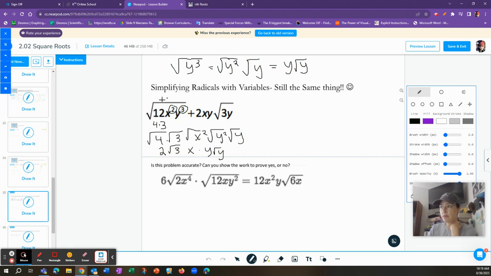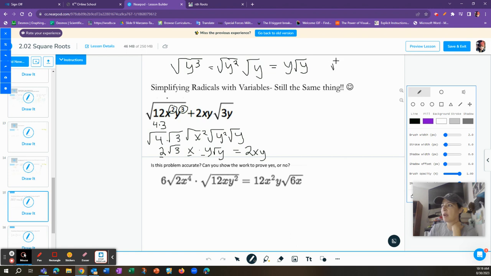But eventually, again, this first term would simplify. We like to rearrange it. So this 2 times root 3 times square root of 3 times x times y. We put all the non-radical terms in the front together. So we'd have 2xy. And then we'd recombine the radical terms. We just put them back.